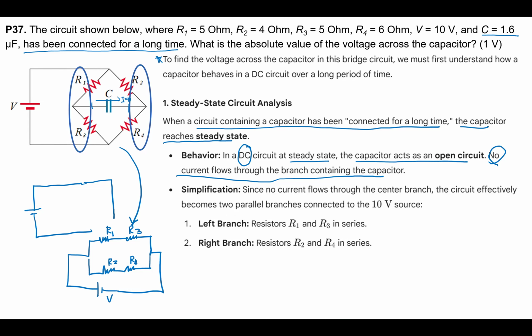The reason is that the capacitor acts as an open circuit in this case. So there is no current whatsoever, so it is separated into these two parallel branches. Note that it is parallel.